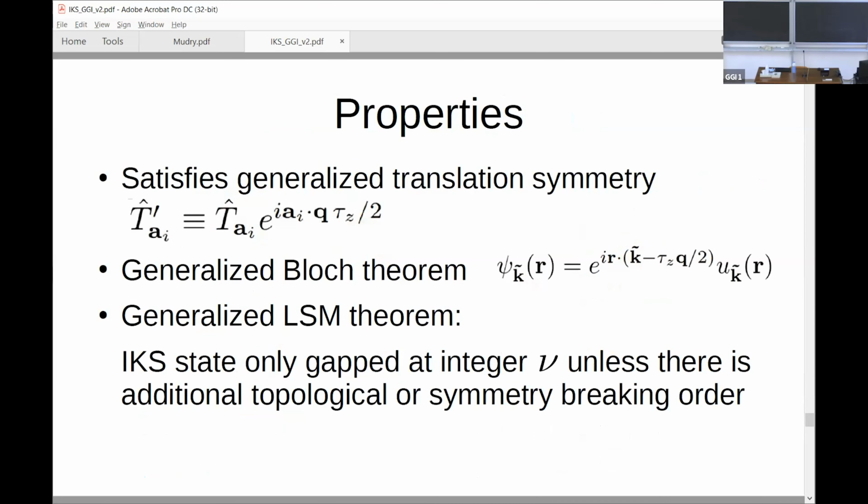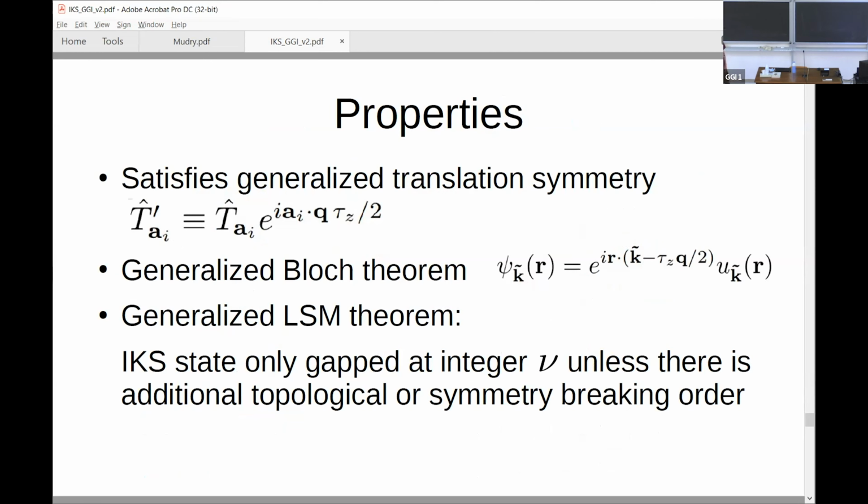And so here I just wanted to make a connection to what Christopher was talking about before, because we can come up with a sort of generalized LSM theorem for the state. Because even though it breaks translational symmetry, it actually preserves some modified translational symmetry. So if we have a translation plus a valley rotation by an appropriate amount, then this symmetry is satisfied.